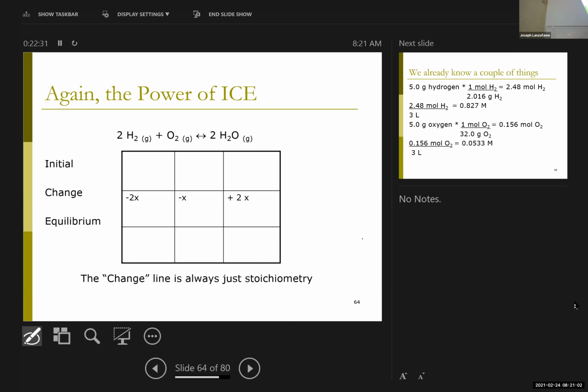Right? I don't have exact numbers for it, but symbolically, it's always -2 hydrogens, -1 oxygen, and +2 waters. Since I don't know the exact numbers, call it X, the ratio holds, right? And then it's really just a question of which things I know and which things I don't know.